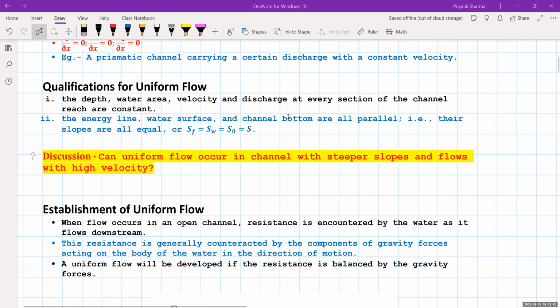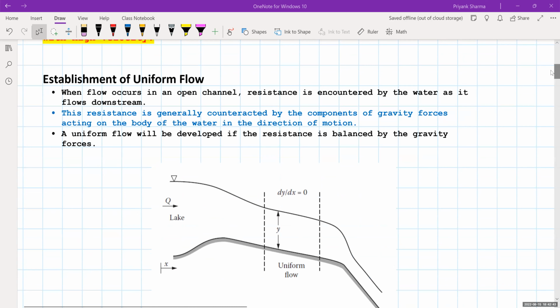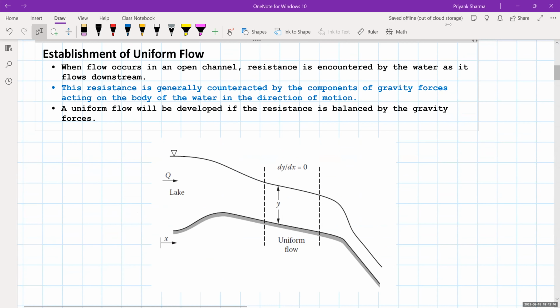Moving ahead, how is the uniform flow established? In nature, it will never be that the uniform flow is established from the inception of the flow. Let us say there is a lake with a certain water level, and water slowly gushes out of the lake, and where the uniform flow condition will be established is our area of interest. When the water from the lake slowly enters the channel, the velocity and resistance are very small, and the resistance is outbalanced by the gravity forces, which will result in some accelerating flow in the upstream reaches.